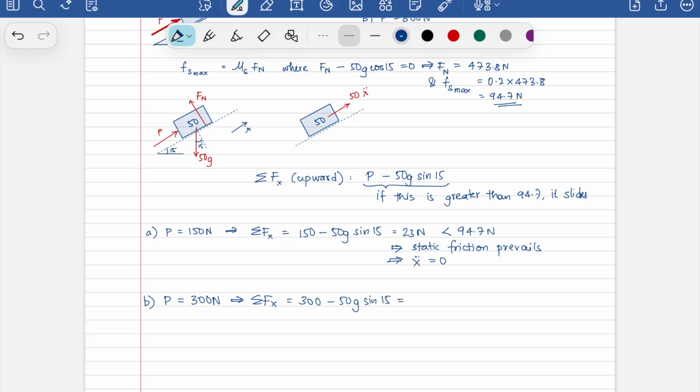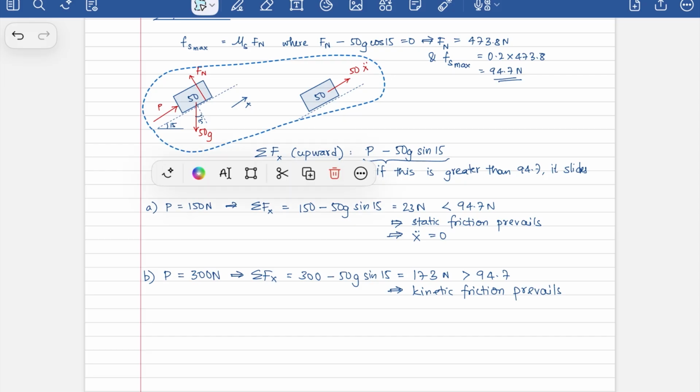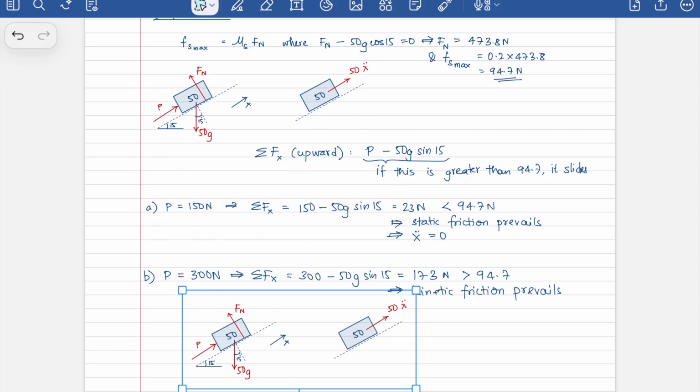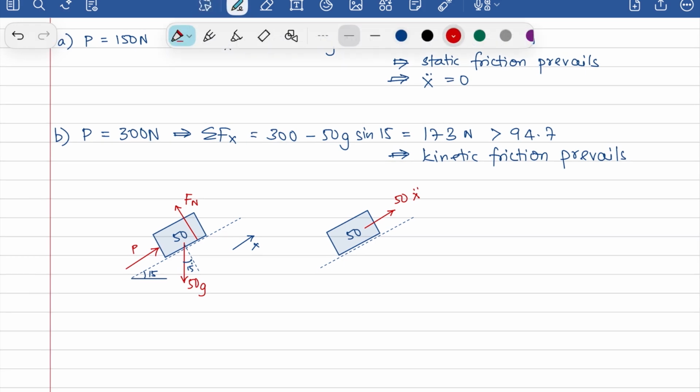This is going to be equal to 173 newtons, which is greater than 94.7, which means that kinetic friction prevails. And now you have to draw your system again with the appropriate friction, which is going to be kinetic friction, resisting in this direction.